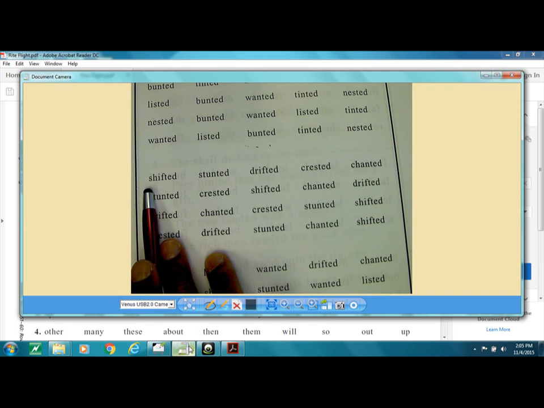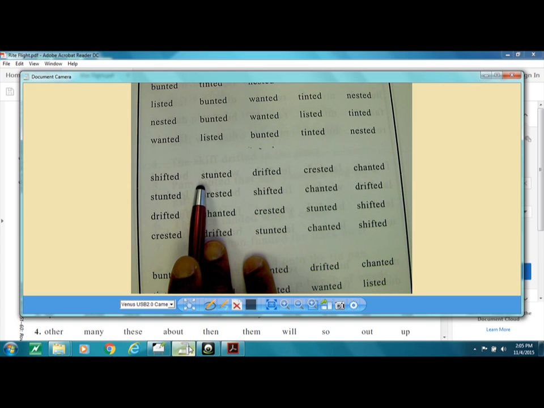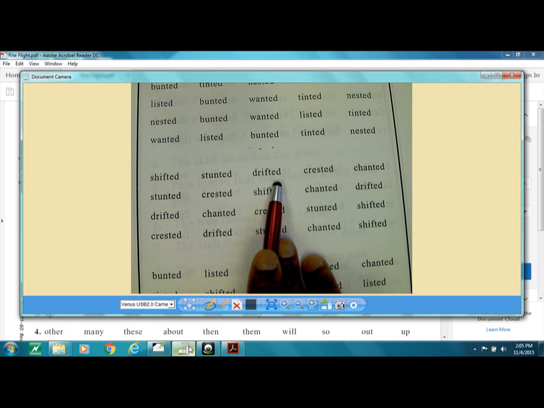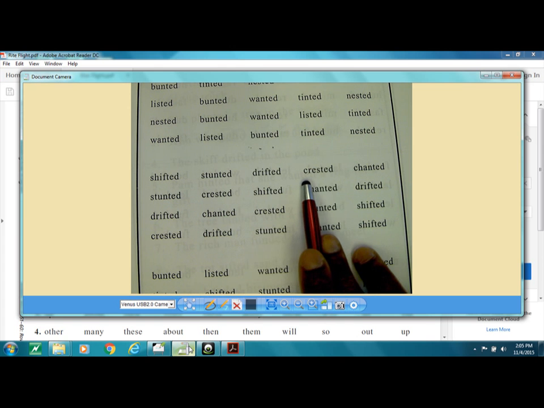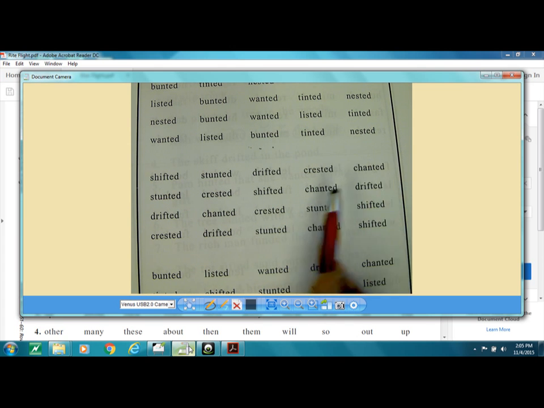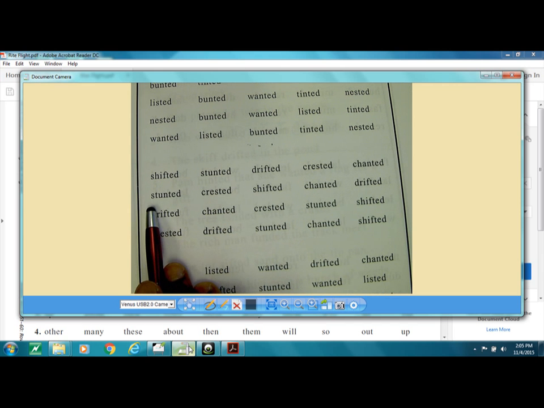So follow with me. Shifted, stunted, drifted, crested, chanted. So echo with me. You listened and you probably repeated a little bit. So echo after I say this time.